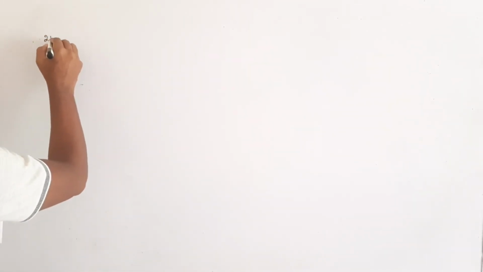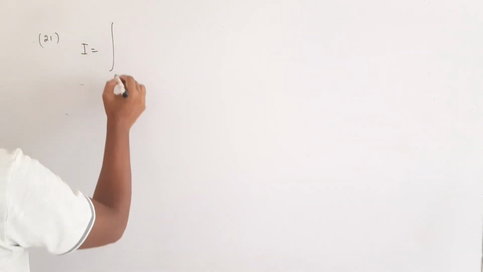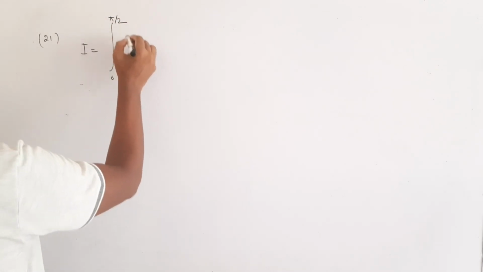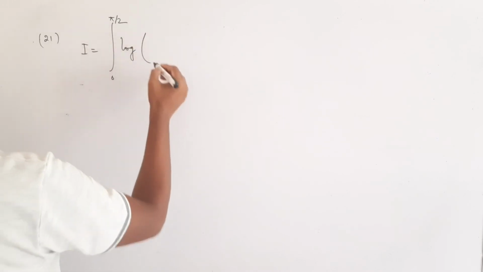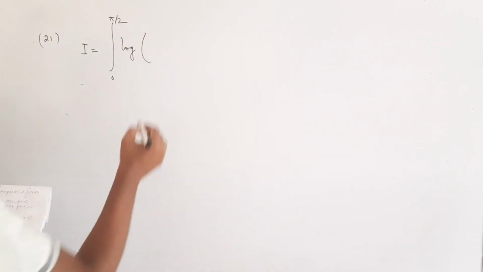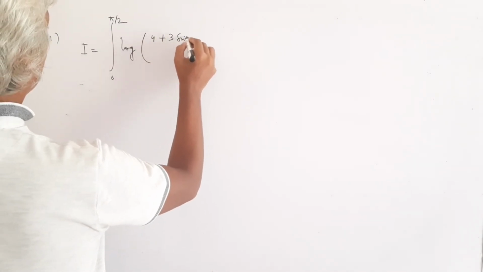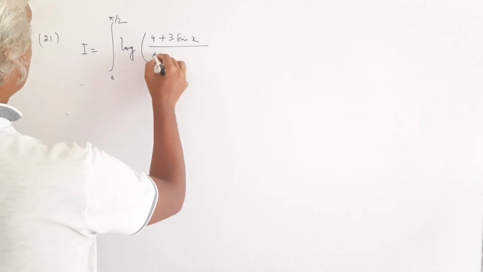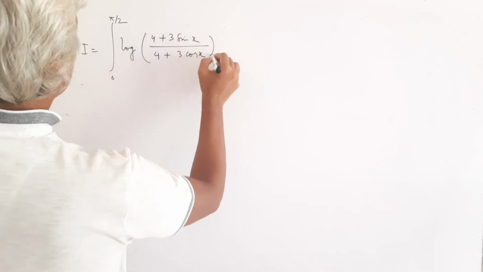Now this is the last question. This is I equals integration 0 to pi by 2 log of (4 plus 3 sin x) upon (4 plus 3 cos x) dx.